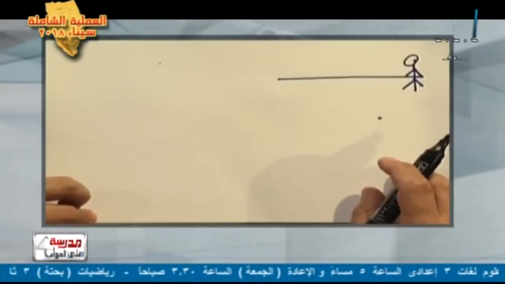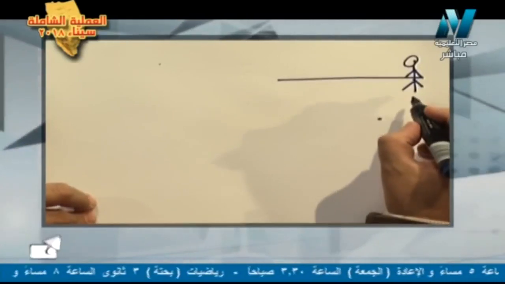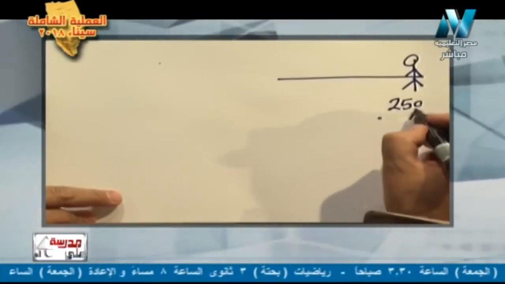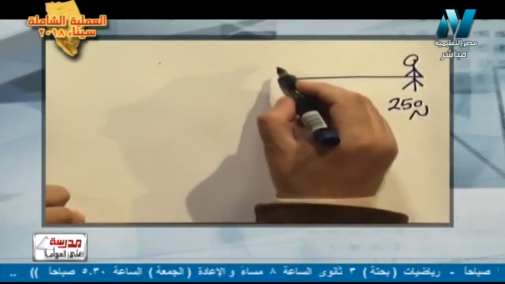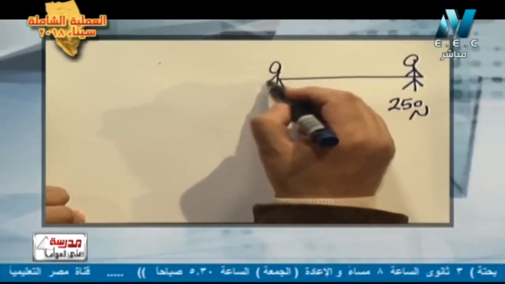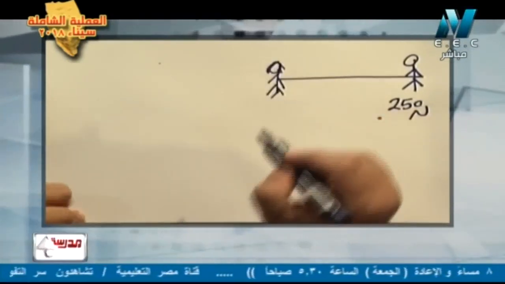So now let me draw this problem because it's a new kind of lever problem. Let's draw together. Imagine a seesaw with a boy standing on it. This boy weighs 250 Newton, and on the other side a girl is standing on the seesaw.